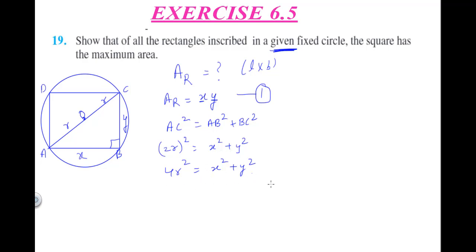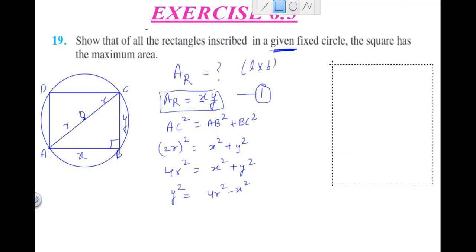Clear? Now let us find the value of x or y in other terms. So suppose I calculate y. So y square will be what? 4r square minus x square. Clear? Now I have this. Just to make your calculation simpler, I'll write that in a box here and explain.